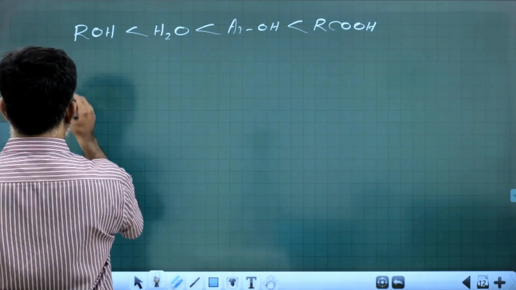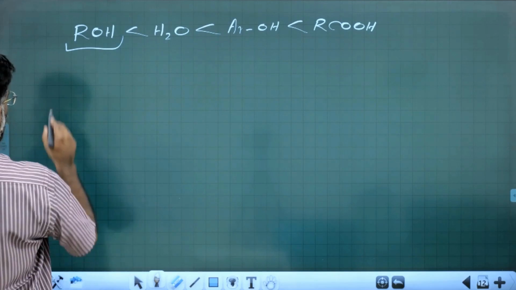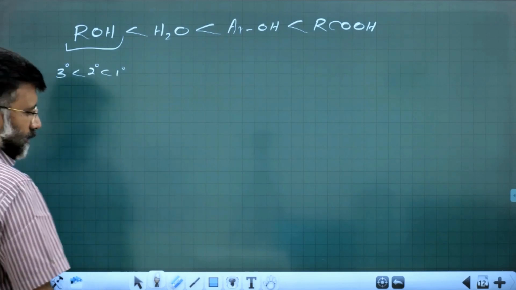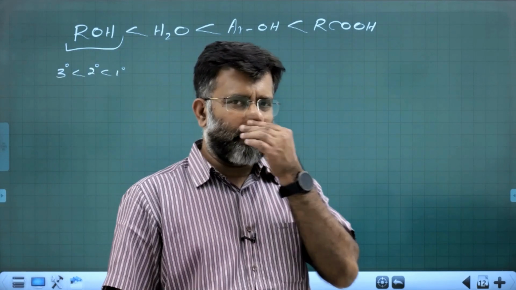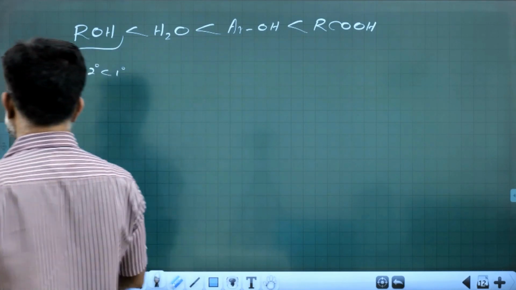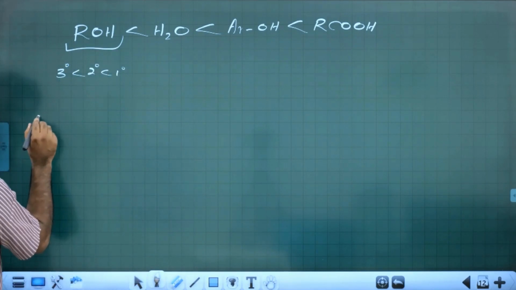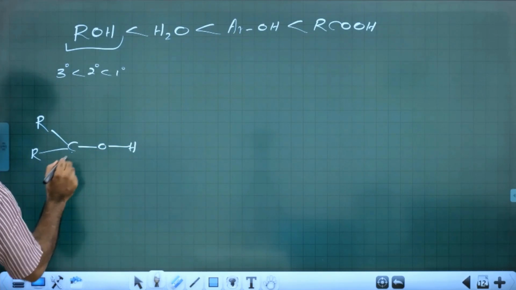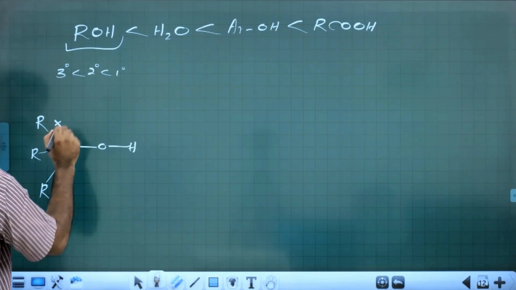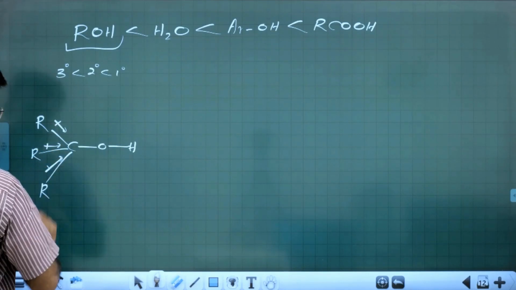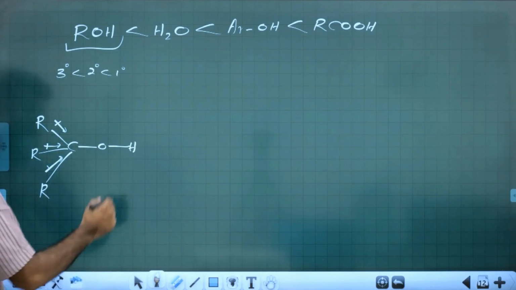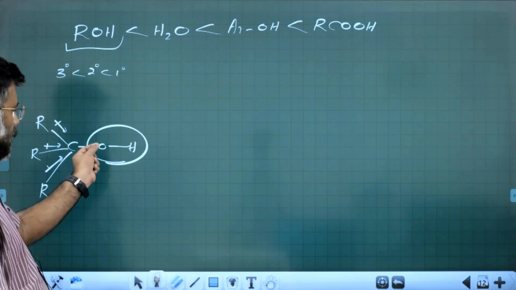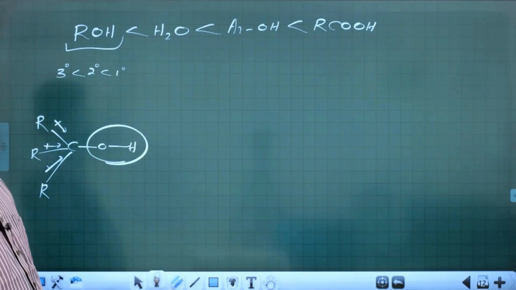Anyway, normally the order will be tertiary, secondary, primary. Primary alcohols are more acidic, while tertiary alcohols are less acidic. If you take a tertiary alcohol, the 3 alkyl groups providing inductive effect will create a polarization over here, and that reduces the ability of the OH bond to break.